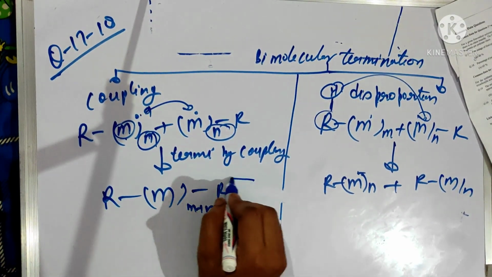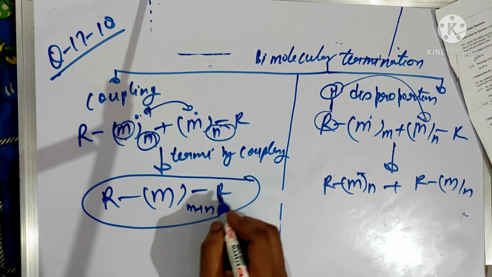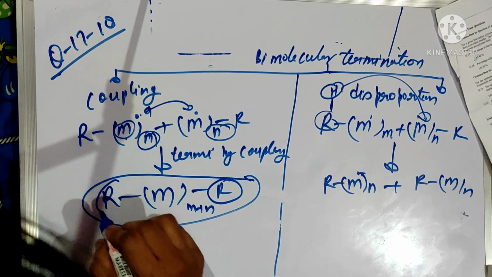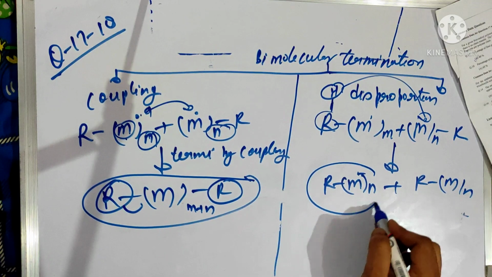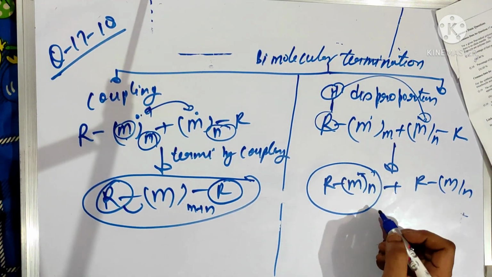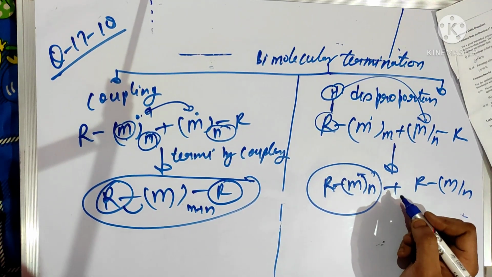So simply say that in termination by coupling, two initiator fragments are added to the polymer, but in termination by disproportionation, only one free radical is attached to the monomer unit.